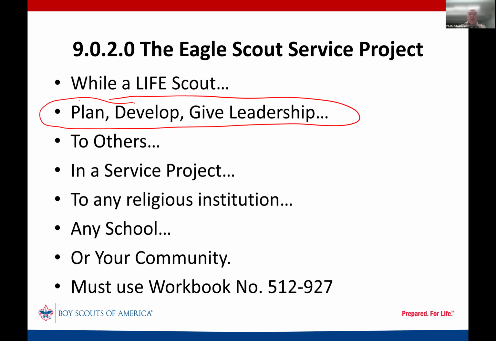So using this particular workbook is really helpful in making sure that there isn't some outstanding question about whether this service project requirement was successfully completed or not.